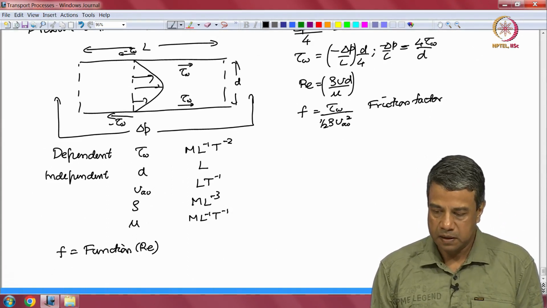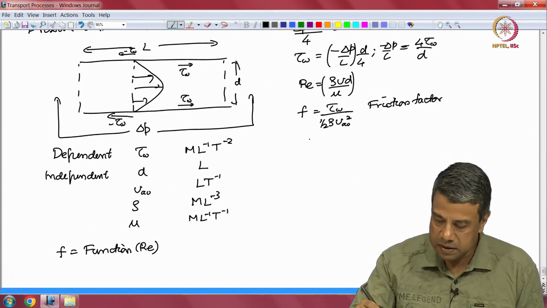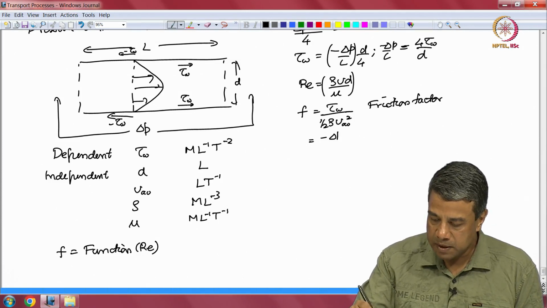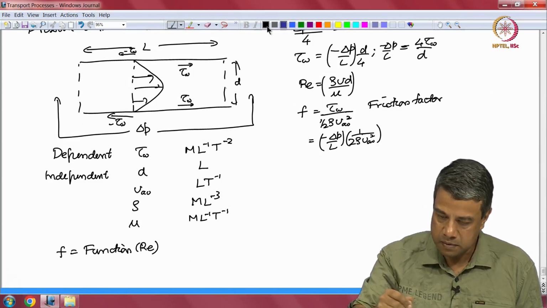Using this relation between tau w and V average, I can also write this as minus delta p by L into 1 by 2 rho V average square. Sorry, I should have a d there.